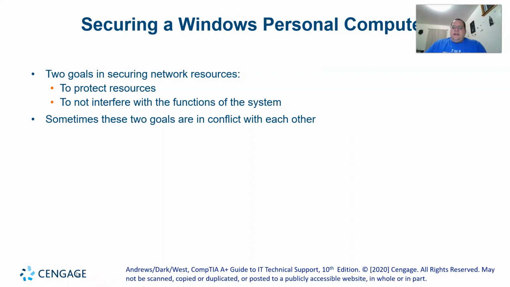So the two main things of securing a personal computer: we want to protect the resources. We don't want all the resources to be accessible to anybody. On your personal computer, if you have someone using it, do you want them to have administrator rights to install different software? Like with my dad a long time ago, he always liked to go on his computer and install viruses and stuff he didn't need that bogged down his computer, and then complain to me that his computer is running slow and that I'm not doing anything to help him.